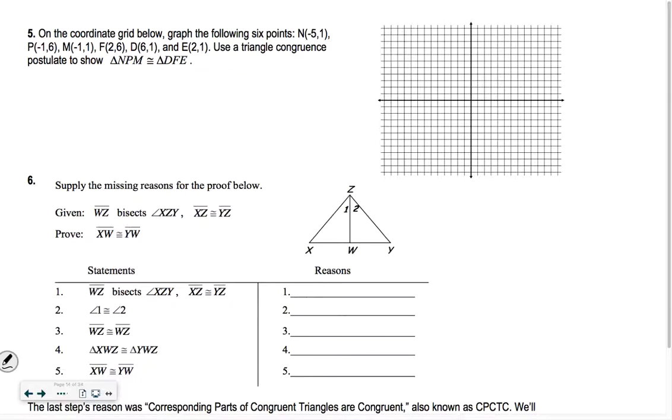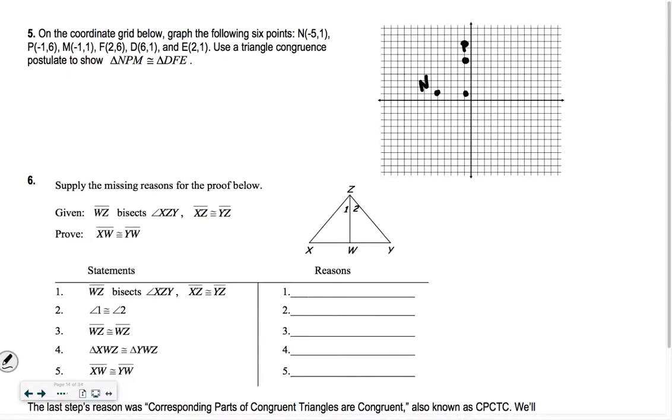Yeah. All right, so number 5, it said on the coordinate grid below, graph the following 6 points. So we have N, which is -5, 1. Very tiny little grid. P, which is -1, 6. And then we have M, which is -1, 1. And F, which is 2, 6.